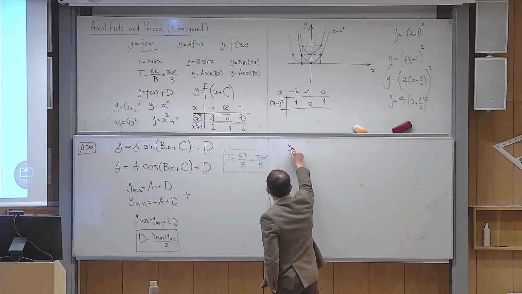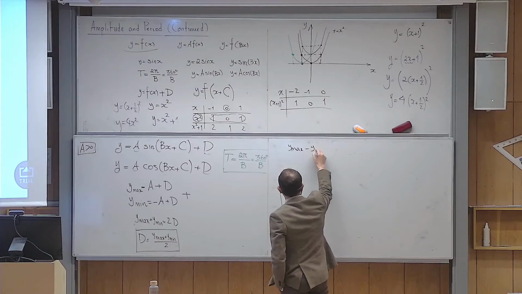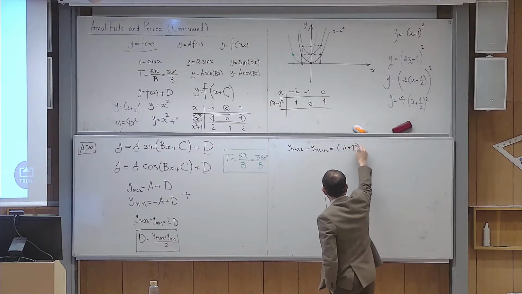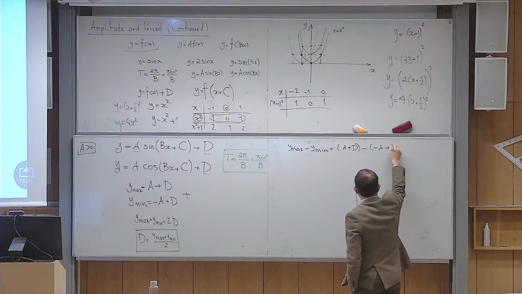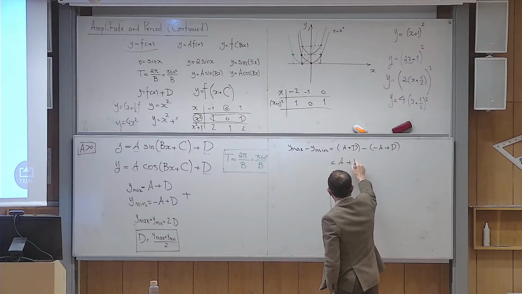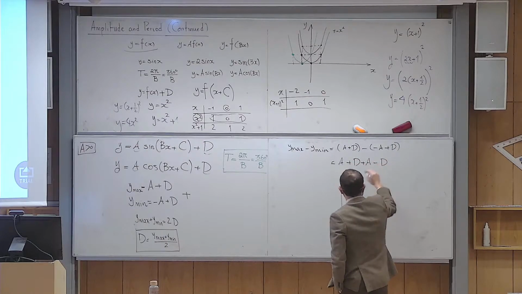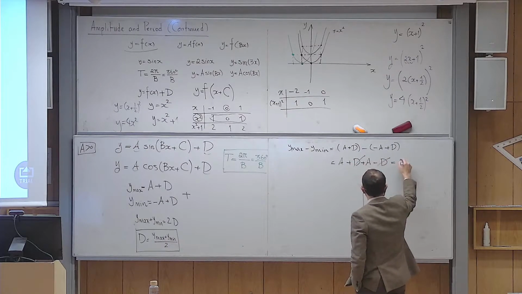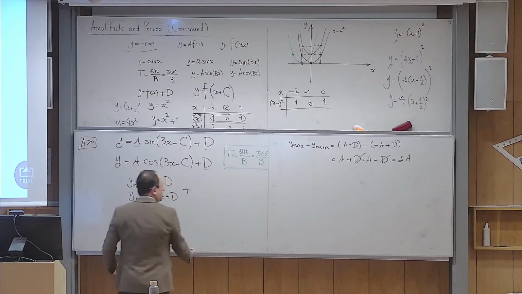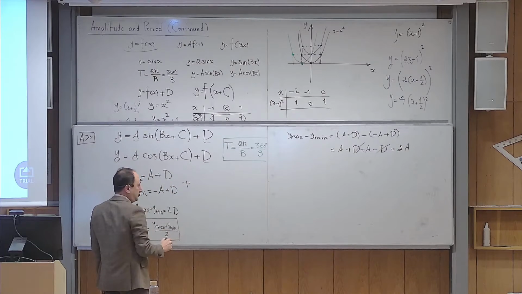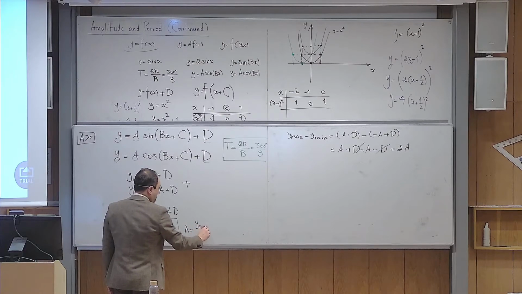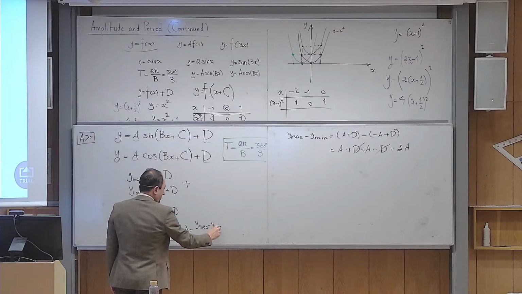This becomes y max minus y min, which is equal to y max, A plus D, minus y min, minus A plus D. If you simplify that, this D and that D are gone, so it becomes 2A. So y max minus y min is 2 times A, but I want to find A, so this becomes y max minus y min divided by 2.